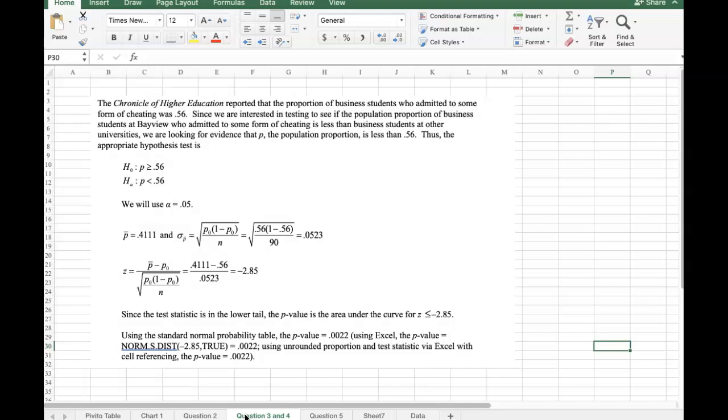Since we are interested in testing whether the population proportion of business students at Bayview who admitted to some form of cheating is less than that of business students at other universities, we are looking for evidence that the population proportion is less than 56%. Thus, the proportion hypothesis is here. So the population proportion is greater, or the population proportion is less, and we're going to use an alpha of 0.05.